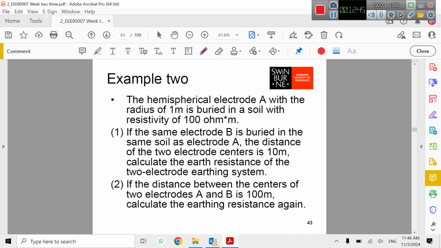Okay, continuing with example 2: a hemispherical electrode A with a radius of 1 meter is buried in soil with resistivity of 100. So rho is given, and R0 also is given. If the same electrode B is buried in the same soil as electrode A, the distance between the two electrode centers is 10 meters.